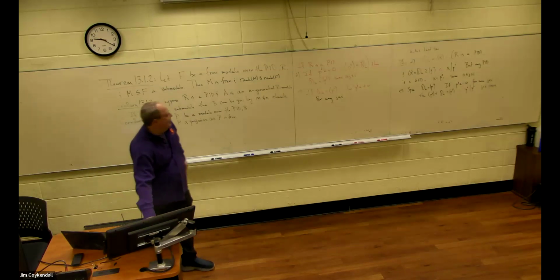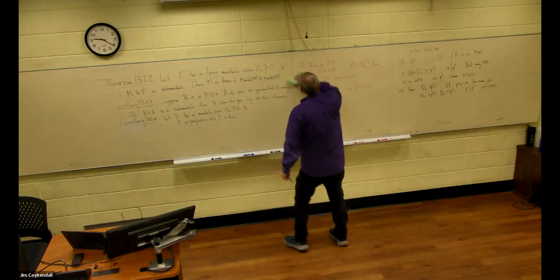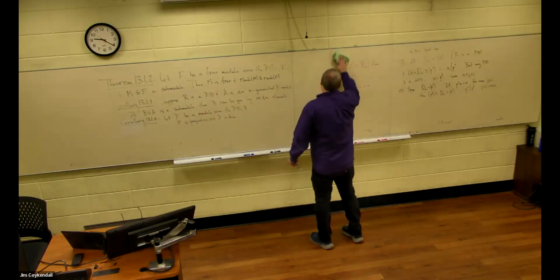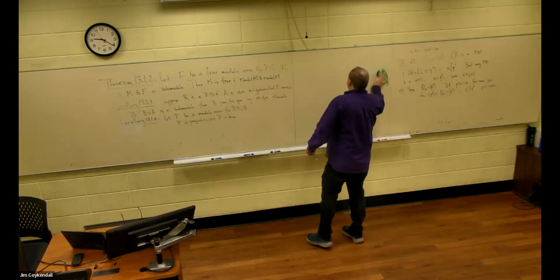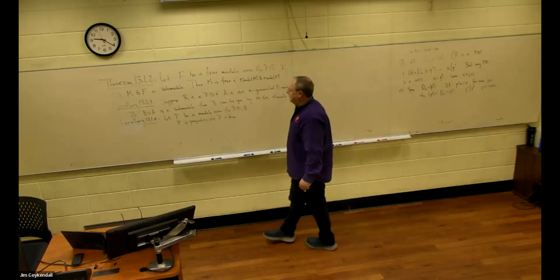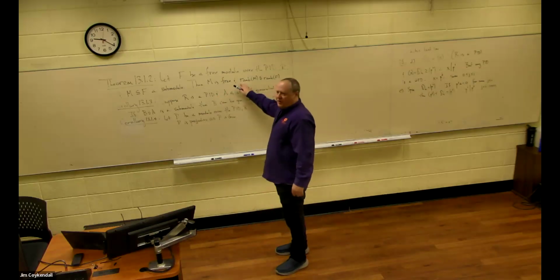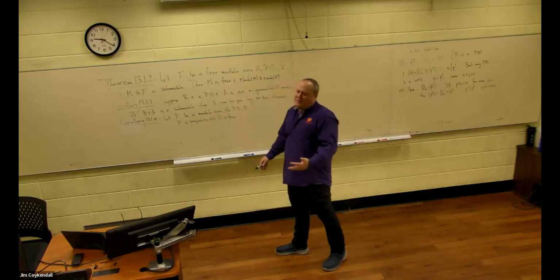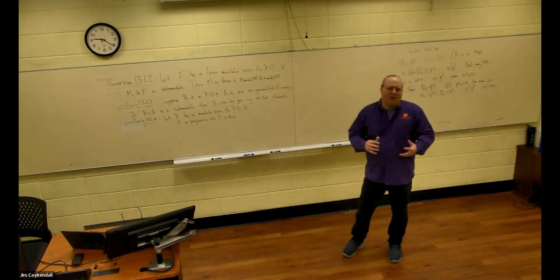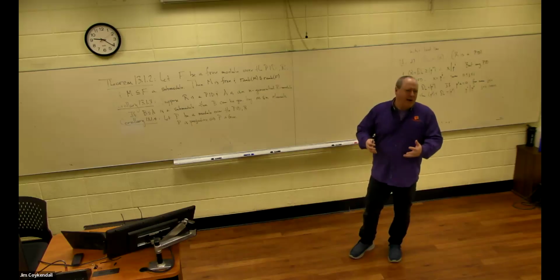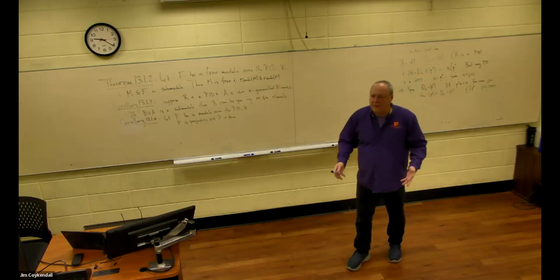Okay, so before I move off, it's good to think about some things here. First of all, let me tell you why this result might be a little bit surprising. You think, okay, I've got a module, it's generated by some number of elements. A submodule's got to be generated by fewer.